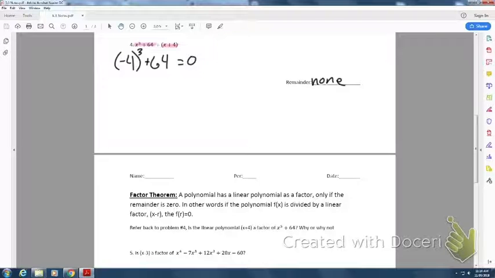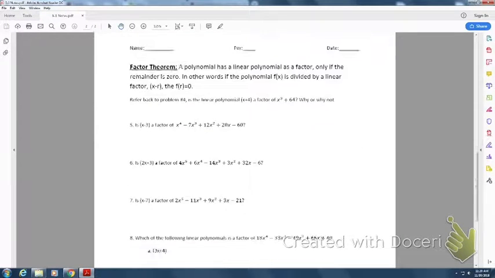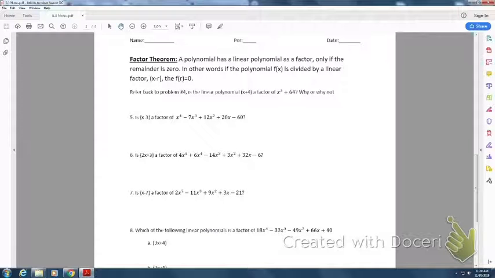All right? So on that one, I already mentioned that x plus 4, yes, that is a factor, because it came out to 0.